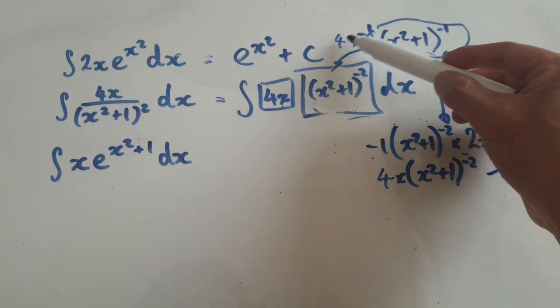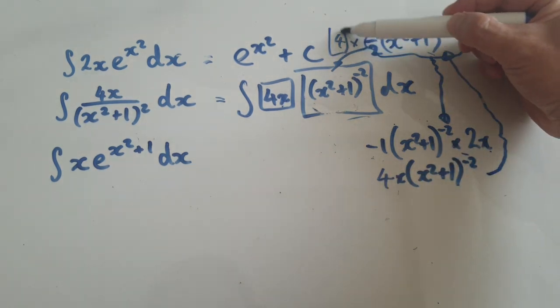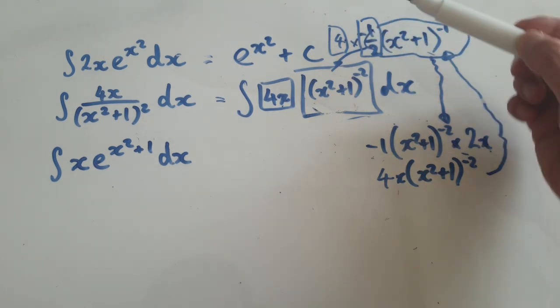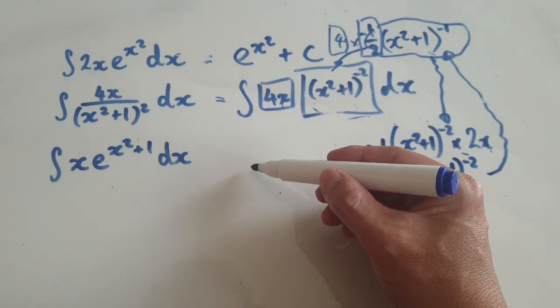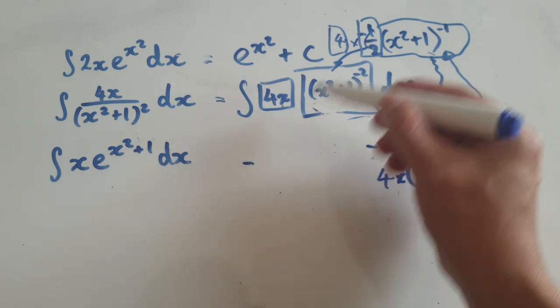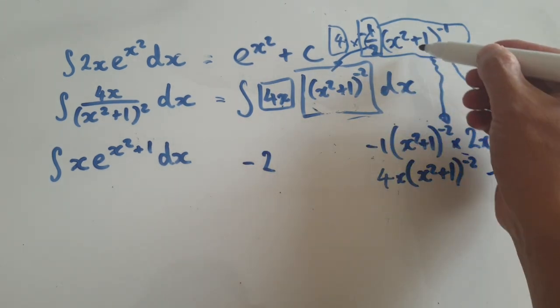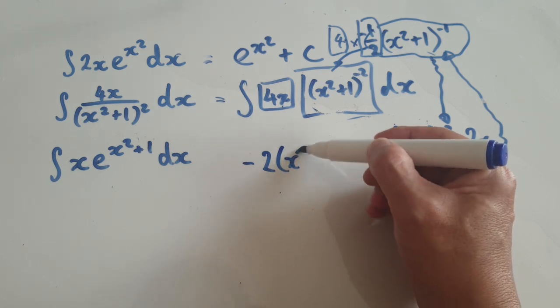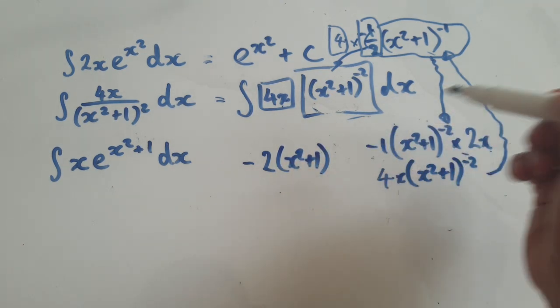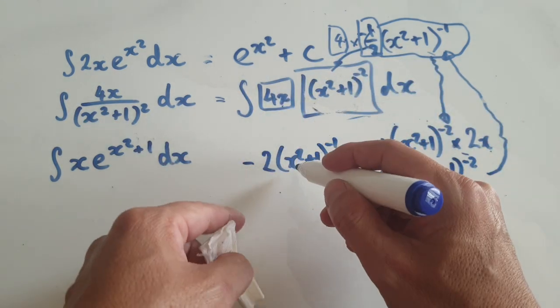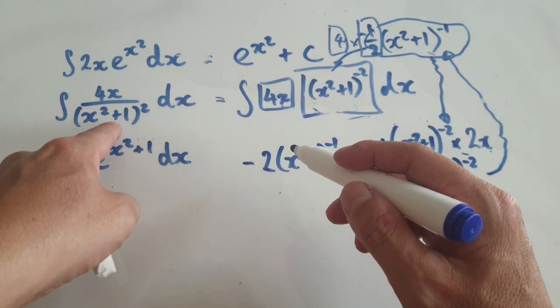So now it's just a matter of tidying this up, because you've got one block times this block here times this block here. This gets multiplied to the top, giving you negative 2, and then you've got this block here, which will be x squared plus 1 to the power of negative 1. So when you differentiate this thing here, it will give you the exact same thing over here.